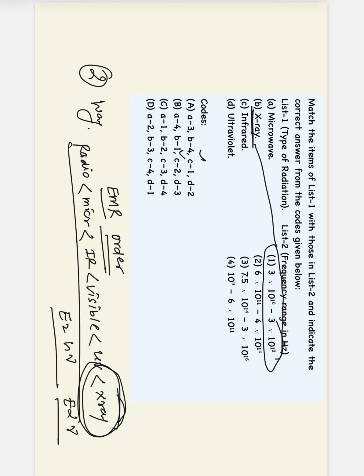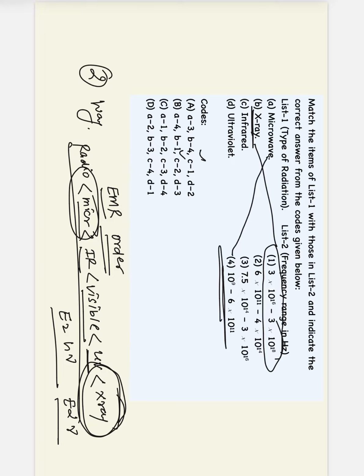That is option B. Number 2, after that there is UV, visible, IR, and microwave. The lowest is for the microwave, so find the lowest value. The lowest value is 10^9 to 10^11. So A is going to be with 4. So which option is showing that?